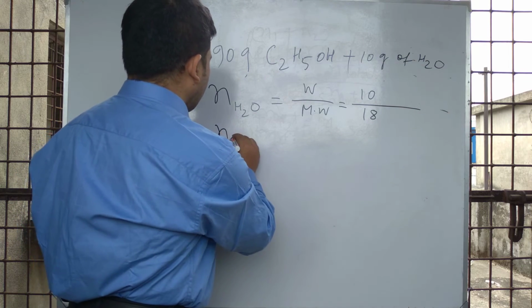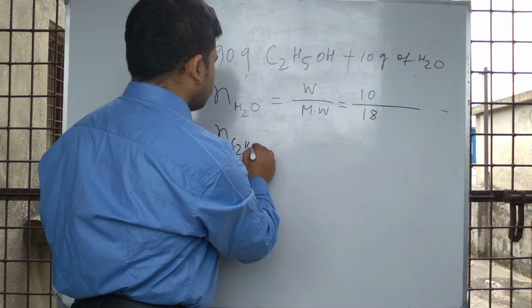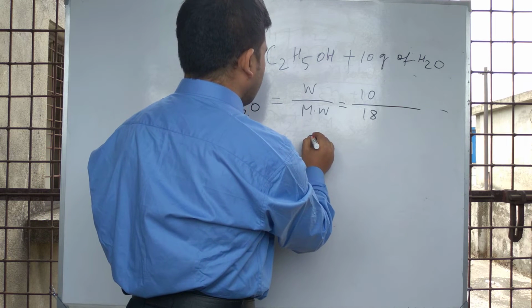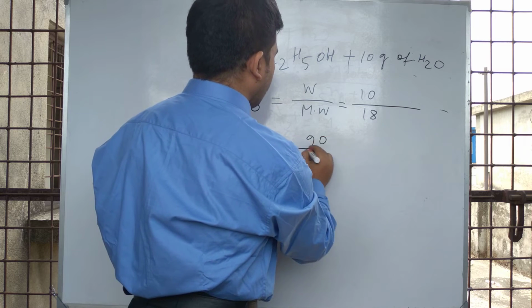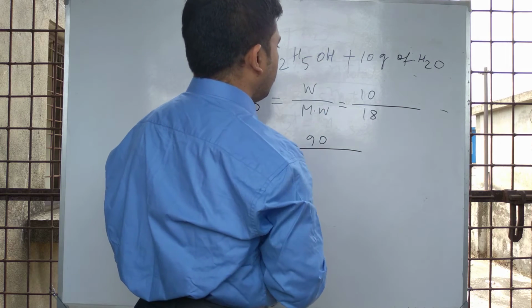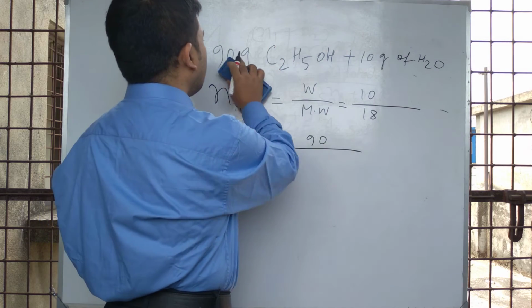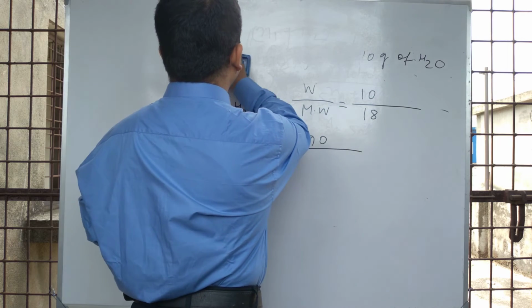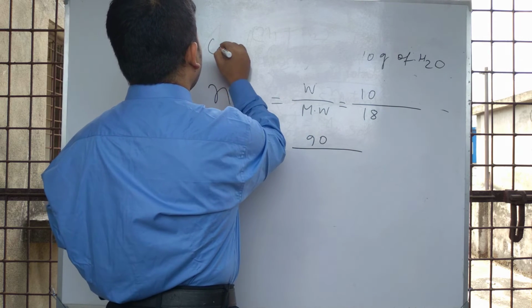For the moles of ethanol, the weight taken is 90 gram, and we have to calculate the molecular weight of ethanol.